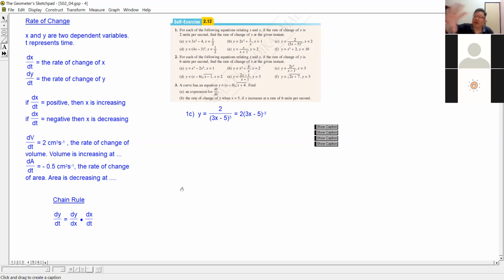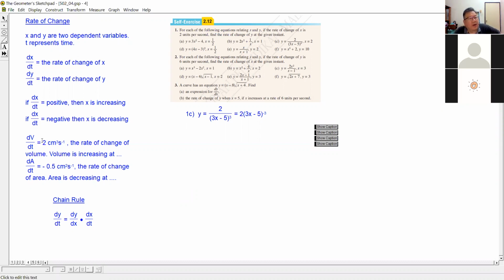So let's say you read the question and the rate of change of volume is 4. You must know dV/dt is 4. Nobody is going to tell you, "dV/dt is 4." When you read the question, you see the rate, then you put dt there. If it's volume, dV/dt. If it's area, dA/dt. If you see the word rate there.